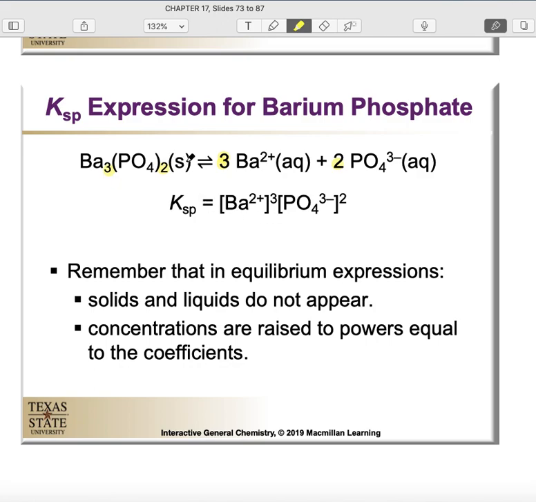And of course, we omit the barium phosphate because that is a solid compound which does not participate in the equilibrium. And just to remind you, both solids and pure liquids do not appear in the equilibrium expressions, and each of the concentrations is raised to a power equal to its coefficient.